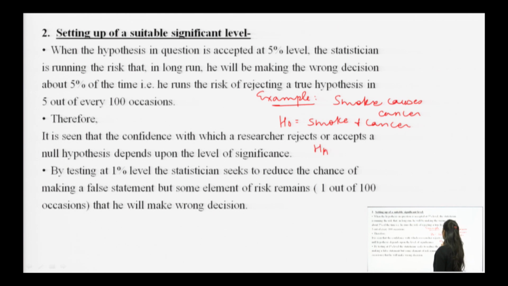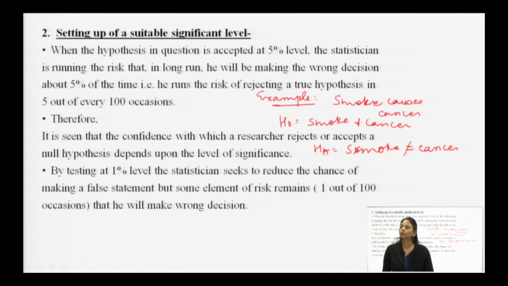My alternate hypothesis says smoke does not have any relationship with cancer. I know that my null hypothesis is going to be rejected, because being a researcher I have a gut feeling that smoke has an impact on the lungs of a person. So it causes cancer, we can say lung cancer or any other cancer.